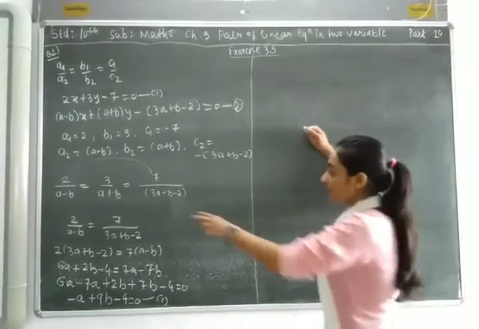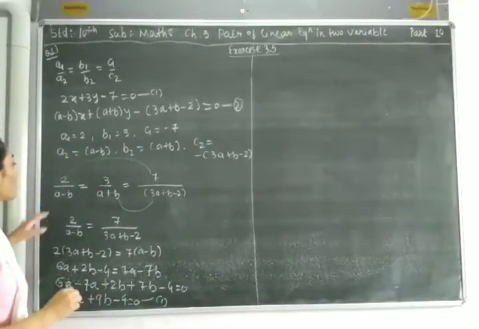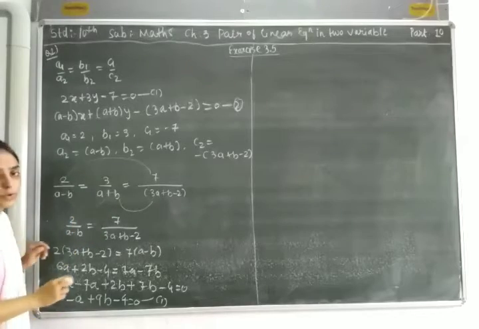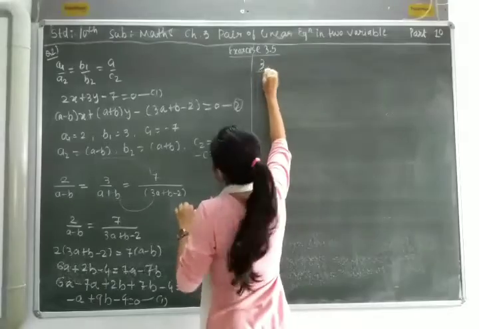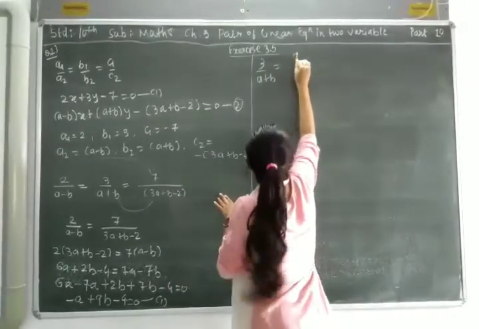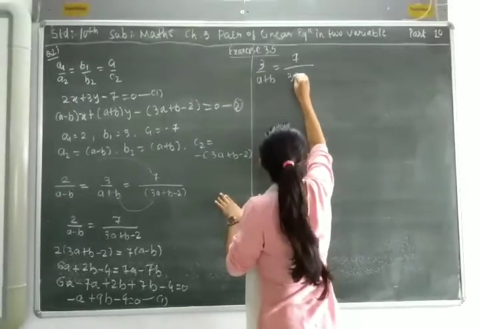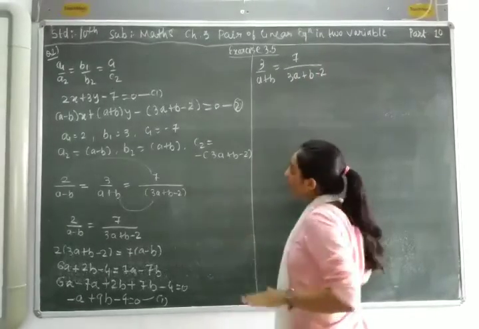Now compare this two ratios also. So a plus b, 3 divided by a plus b equals 7 divided by 3a plus b minus 2.